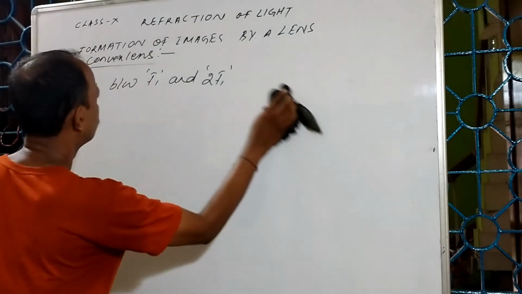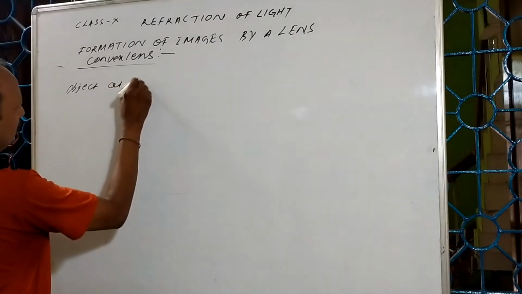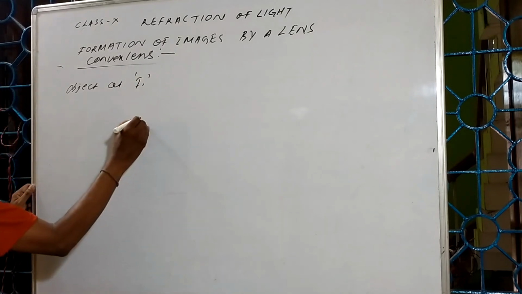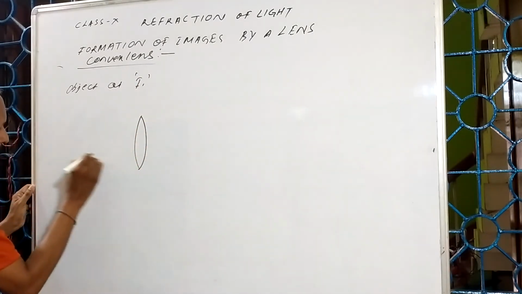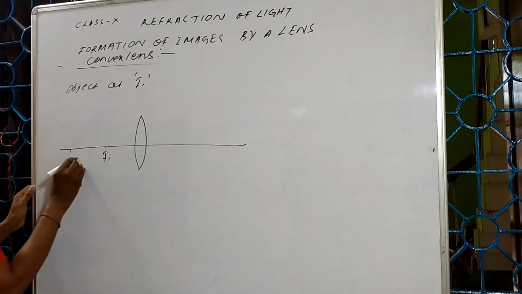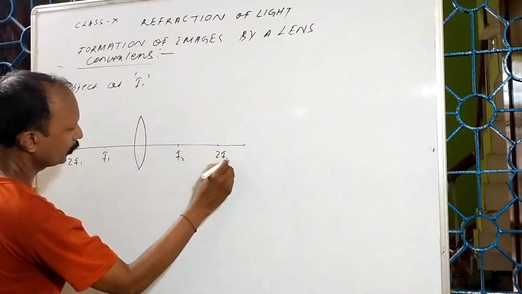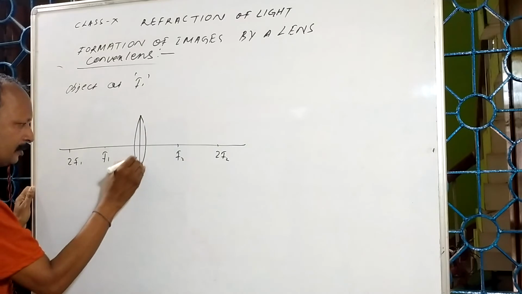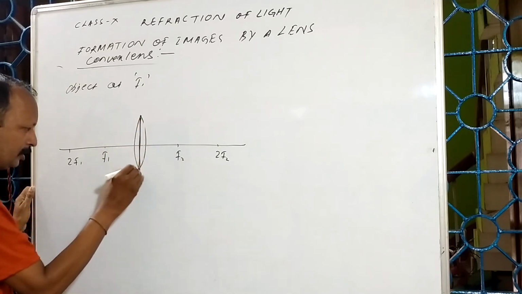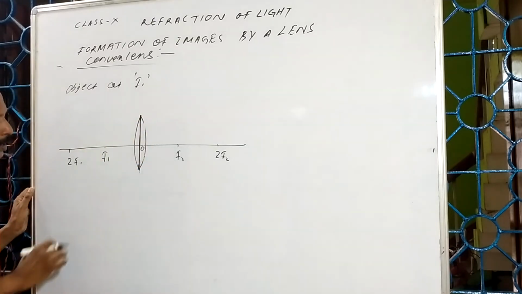Object at 2F1. So this is the lens, principal axis, F1 to F1, F2 to F2. This is the plane of the lens, which divides the two convex surfaces. This is the optic center. These two are perpendicular.